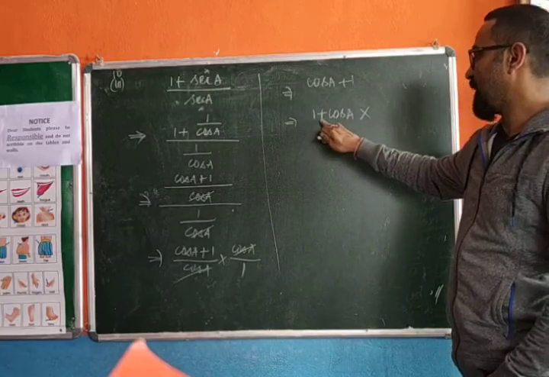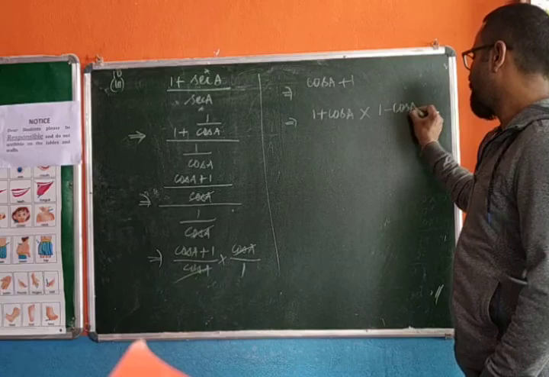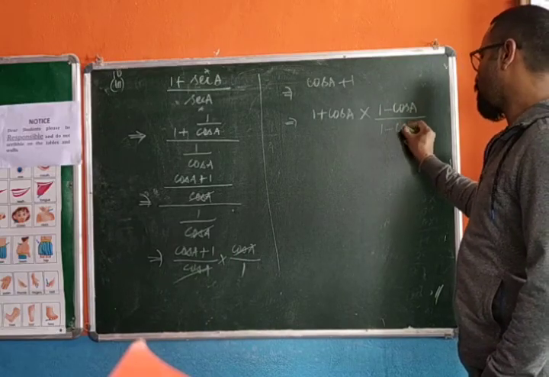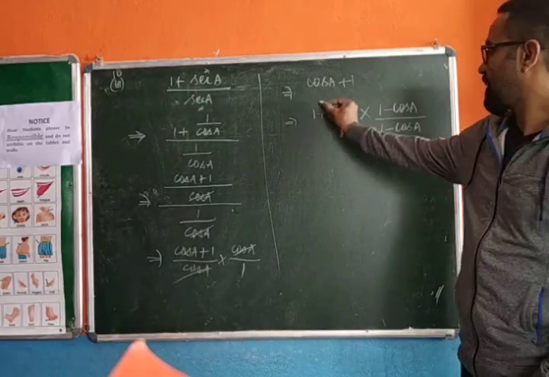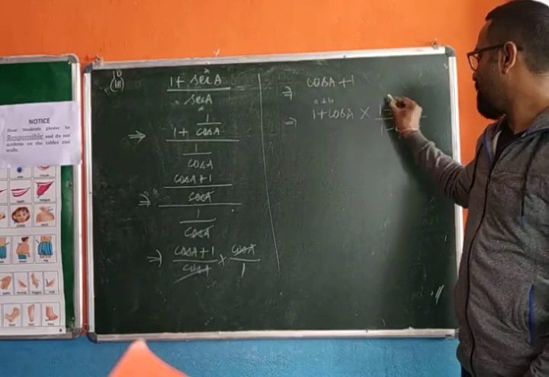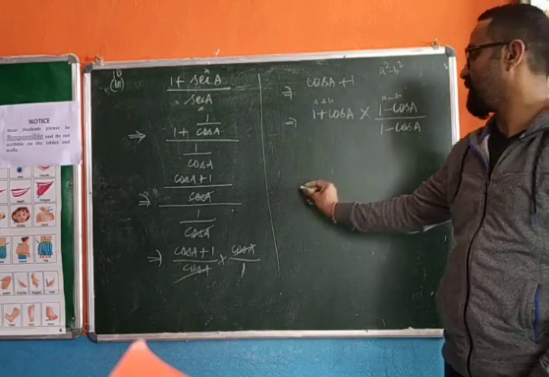You have plus sign, so you multiply by minus: 1 minus cos A divides by 1 minus cos A. This is called rationalization. A plus B multiplies A minus B, so we get A square minus B square.